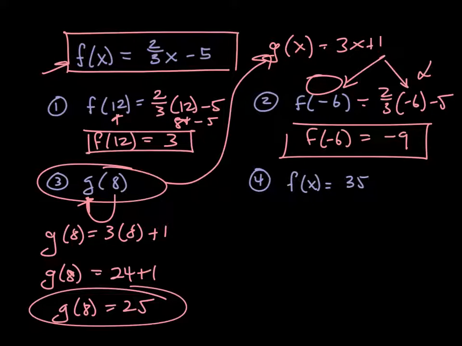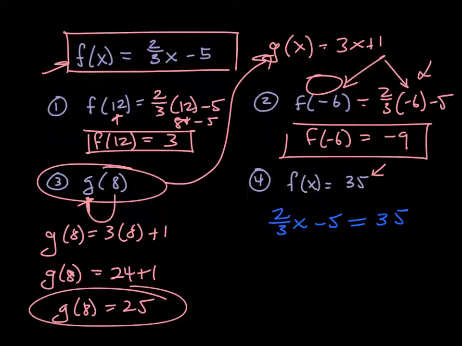So I hope that makes sense, what I'm showing you on that part. Number 4, last one. Again, this one changes because the number is outside the parentheses. So this is the case in which I need to solve, or set it equal to the actual expression. So in this particular case, I want 2/3 x minus 5 to produce 35.